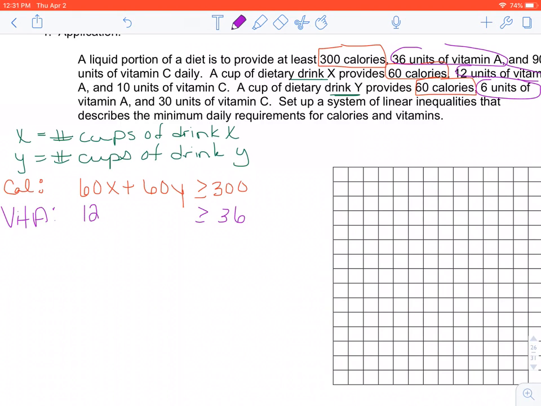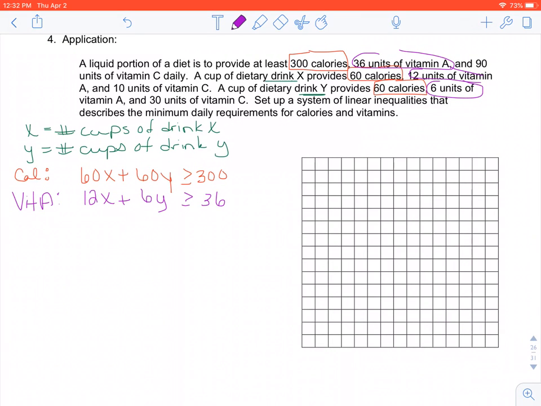We have 12 units with X and 6 units with Y. All right, the last vitamin they talk about in the problem is vitamin C. And we have at least 90. And then 10 units of vitamin C, 30 units of vitamin C. So 10 with X, 30 with Y. And again, at least 90.